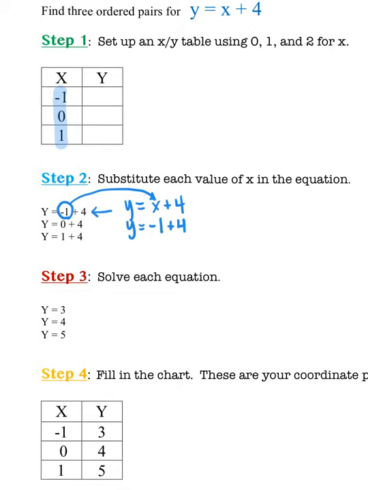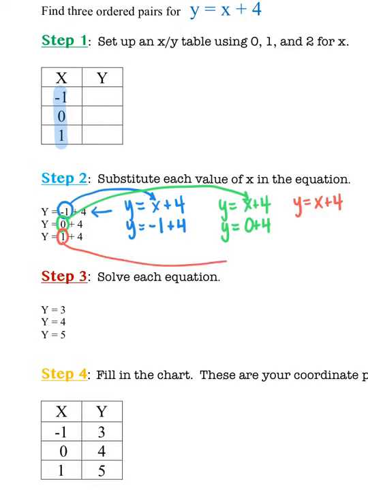Same with this one over here: y equals x plus 4. When I plug in 0 for x, y equals 0 plus 4. And then the last one, y equals x plus 4, and I plug in 1 for x, y equals 1 plus 4.